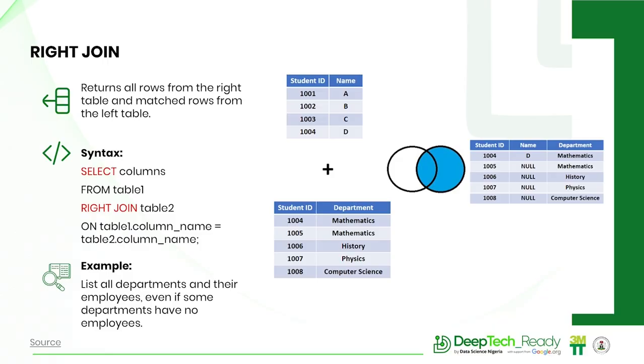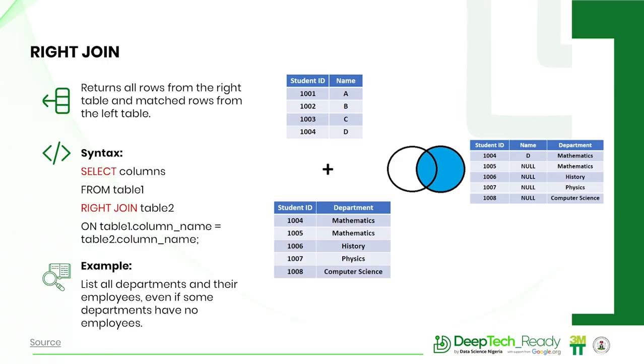So also we have student ID 1006, and also 1007. These two don't have a student name because we don't have the name in our left table.